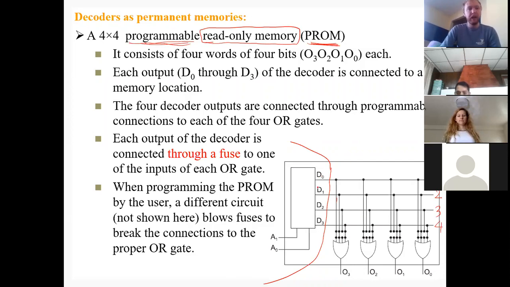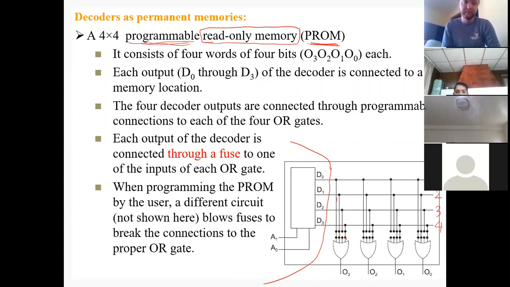Then I'm connecting each of them to the OR gate. Remember, this is the OR gate, right? This is your OR gate, this is your OR gate, this is your OR gate, this is your OR gate. See, how many inputs does this OR gate have? 4.